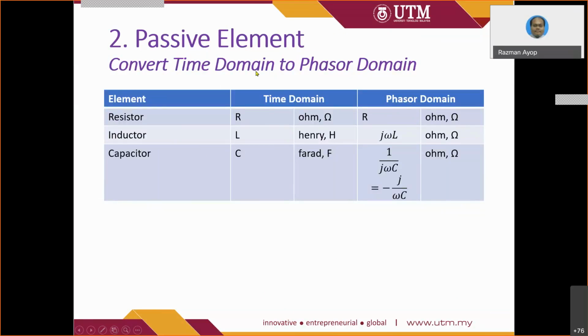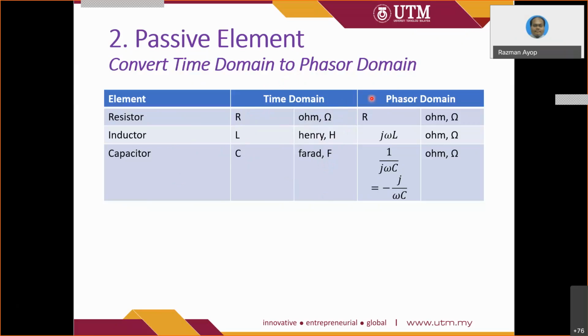In time domain, R, L, and C. The unit for resistor is ohm, using the omega symbol. Inductor is in henry, H, and capacitor is farad, F. So make sure to use the correct unit for time domain.